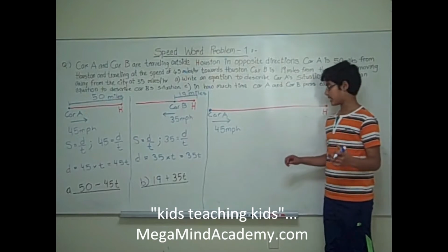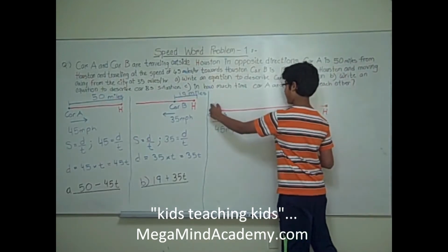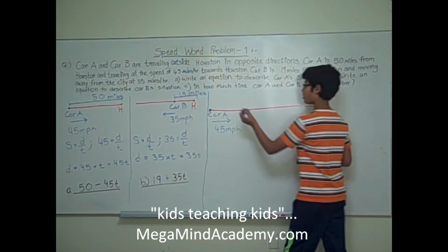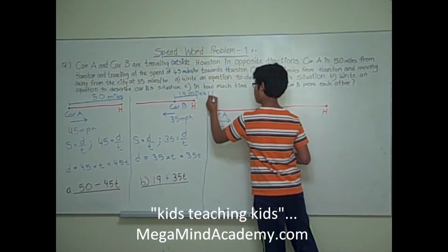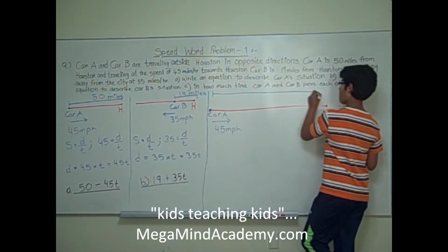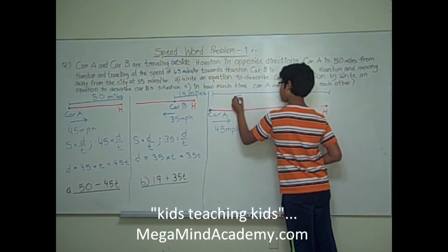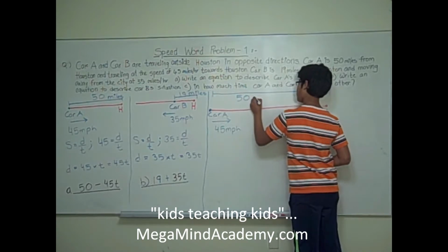Now, this means that the distance from here to here is 50 miles. So from here to here is 50 miles.